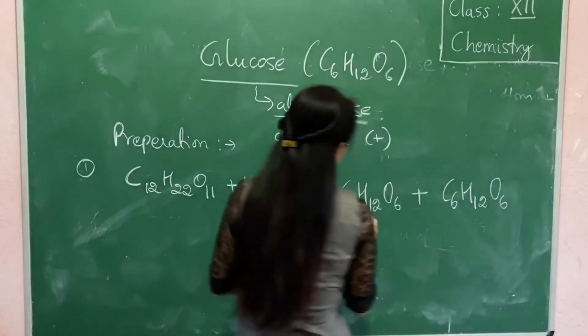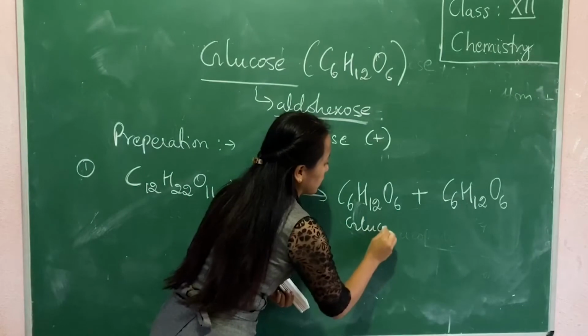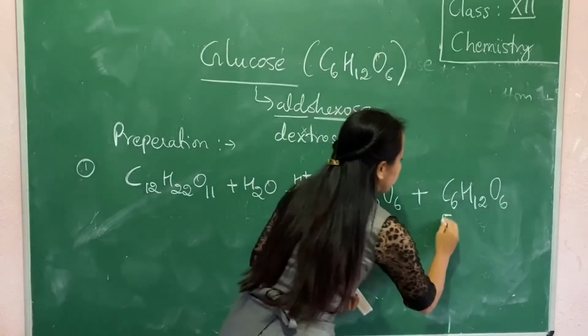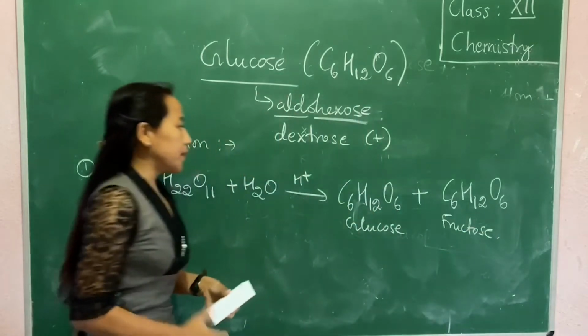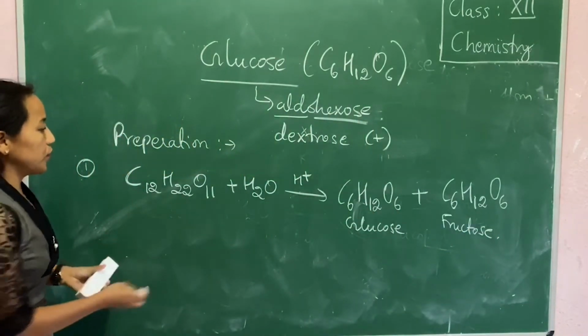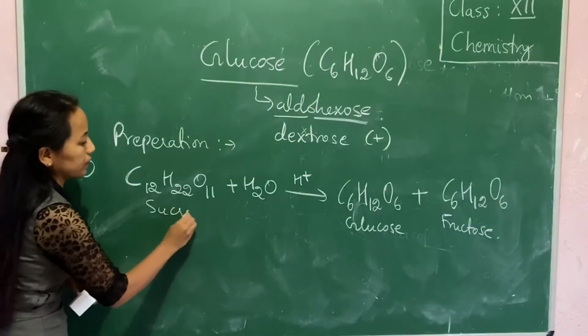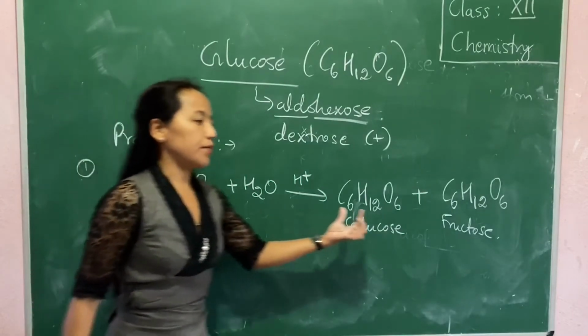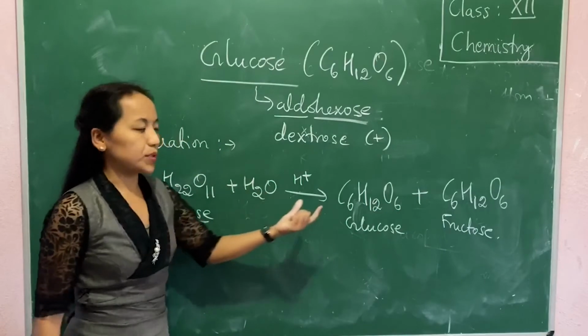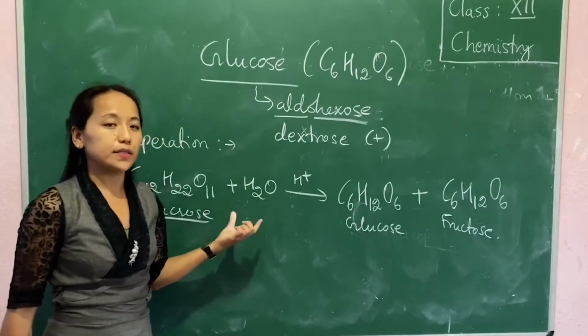It gives 1 unit of glucose plus 1 unit of fructose. So this is about preparation of glucose from sucrose. Sucrose, which is made up of glucose and fructose, gives back glucose and fructose on hydrolysis.